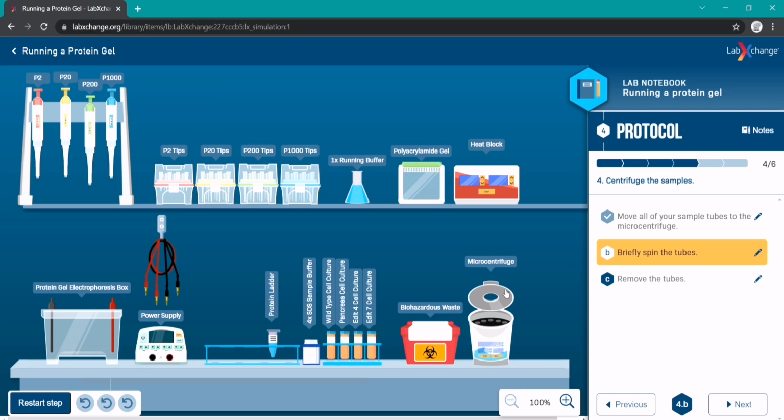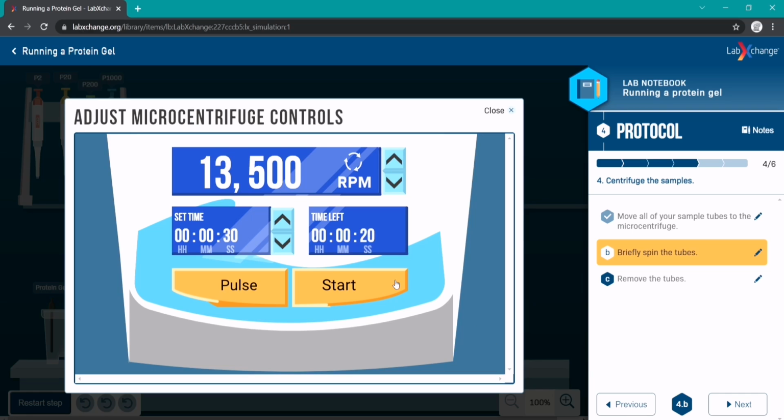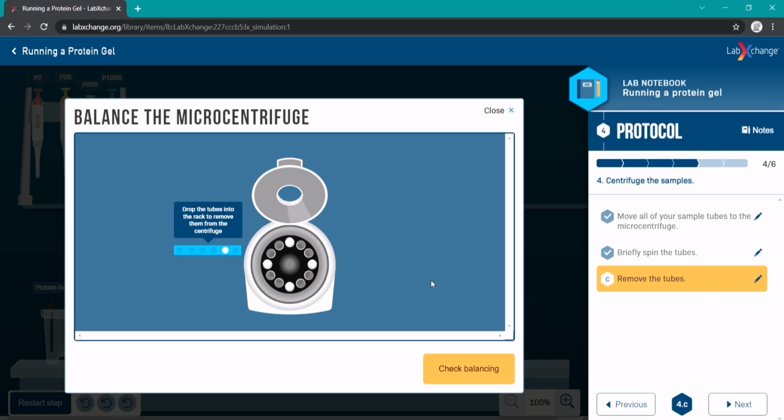Then, briefly spin the tubes. Then, remove the tubes.